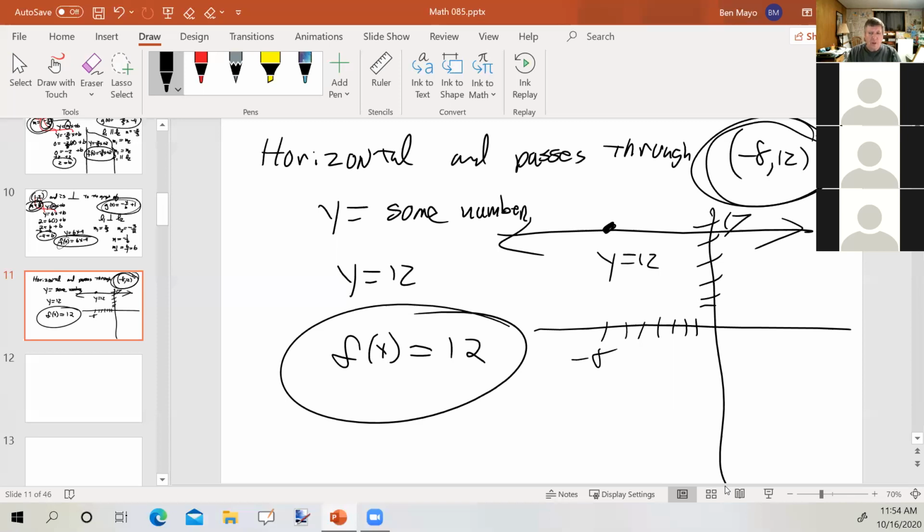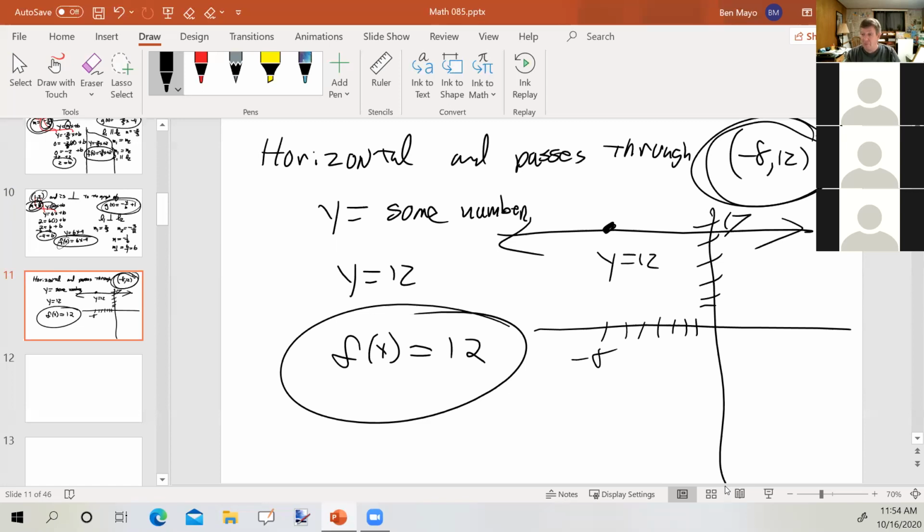Yes. So let me quickly review some things. To find a y-intercept, set x equal to 0. To find an x-intercept, set y equal to 0. The slope formula is m equals y sub 2 minus y sub 1 divided by x sub 2 minus x sub 1.